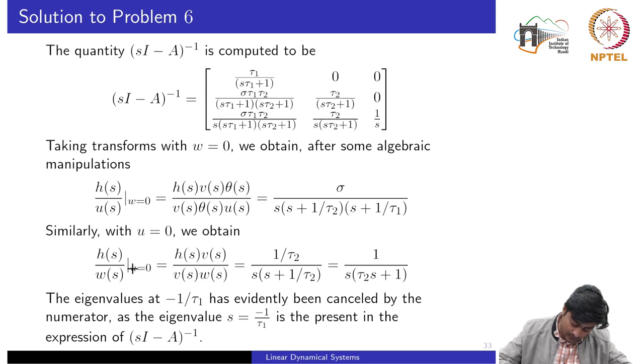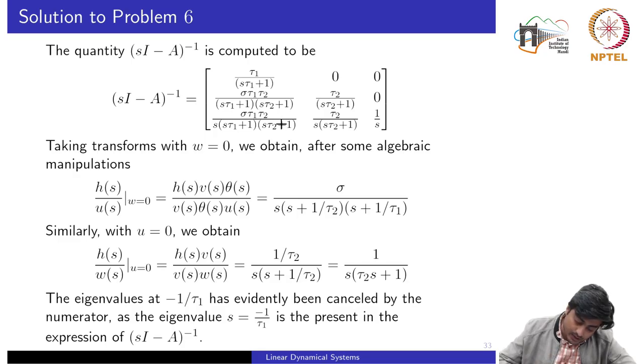Now putting U equal to 0 and computing H by W, we need to substitute H by V and V by W, which is this transfer function. One thing to note here is that the matrix (sI minus A) inverse is an important matrix, because its inverse in the time domain is nothing but the state transition matrix, and we know that almost all the characteristics are embedded in the state transition matrix.